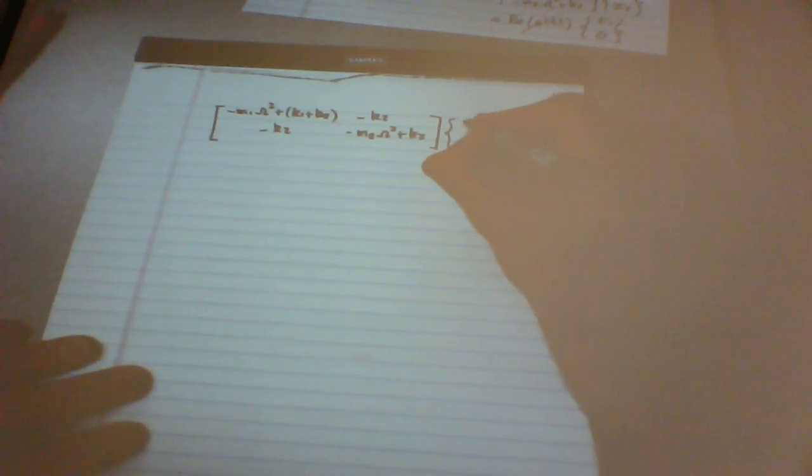Let me do it in detail once more. We start with minus M1 omega squared plus K1 plus K2, minus K2, minus K2, minus M2 omega squared plus K2, times X1, X2, equals F1 and 0.